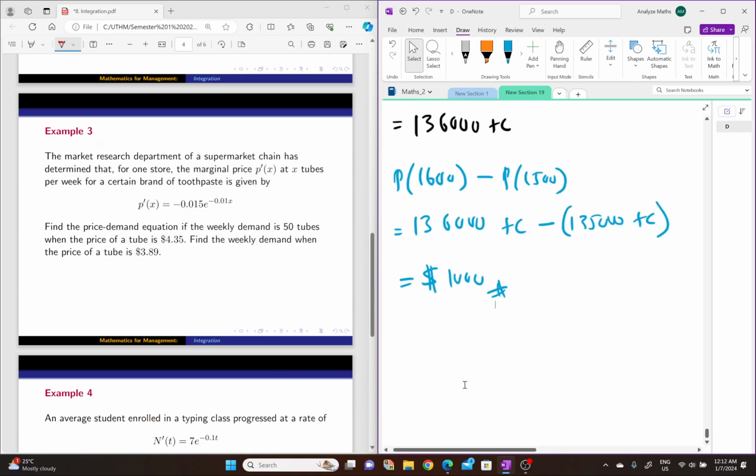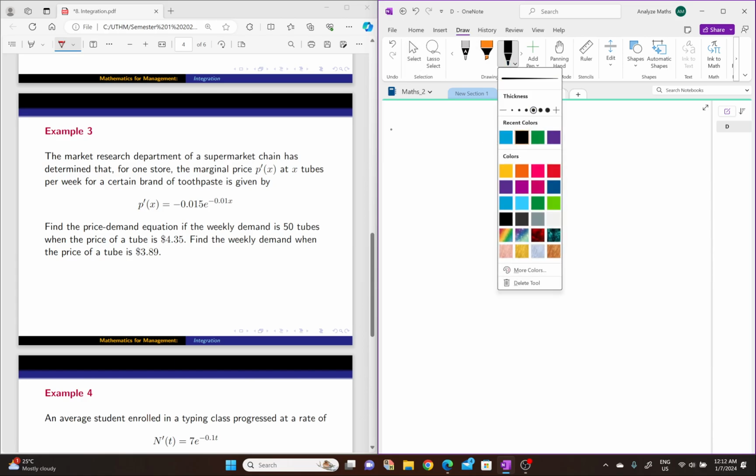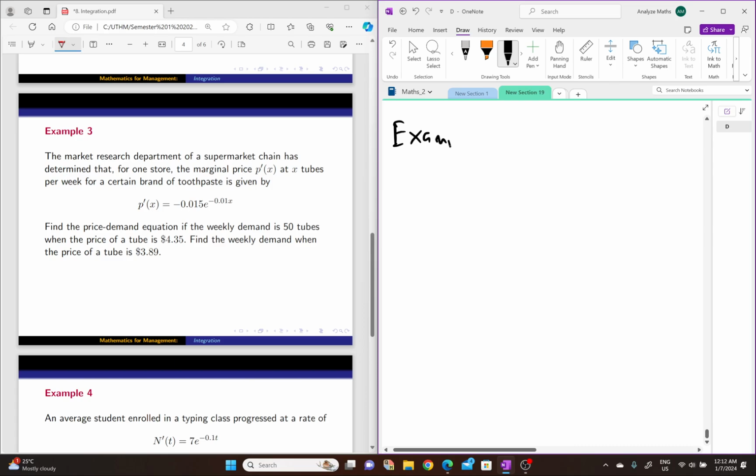Example 3 now. The market research department of a supermarket chain has determined that for one store, the marginal price, this is price demand P, of X tube per week is given there. Find the price demand equation if the weekly demand is given.